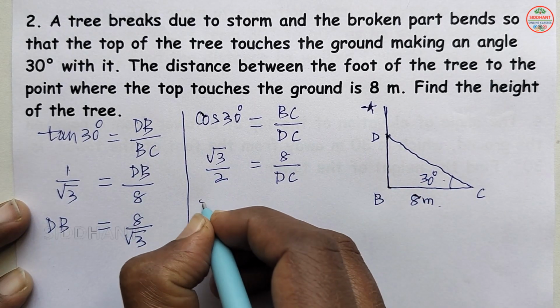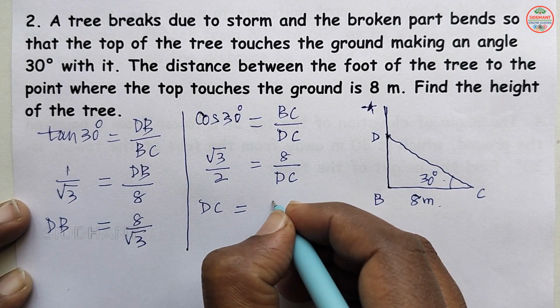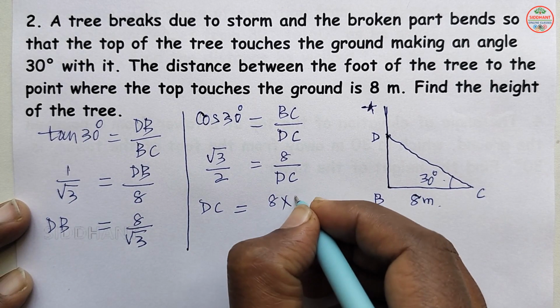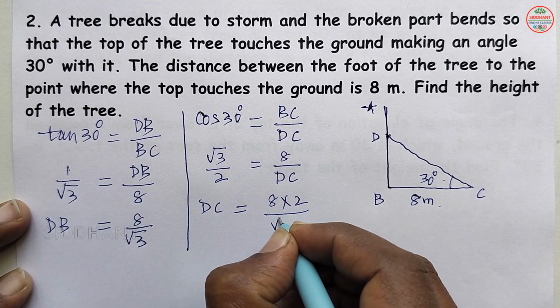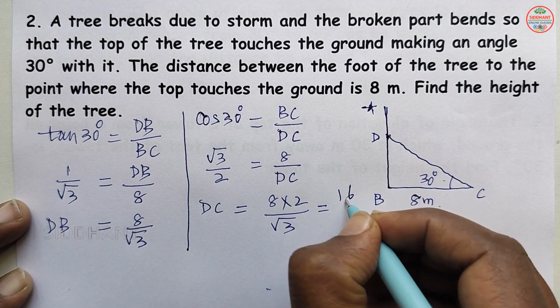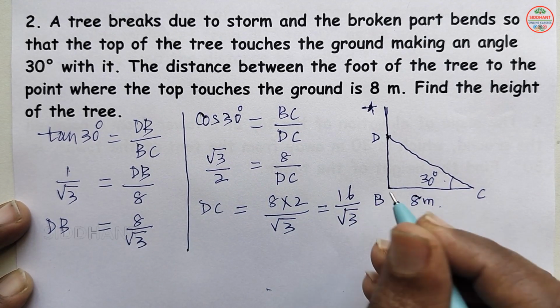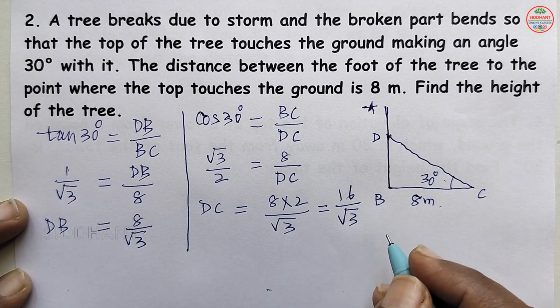So DC is equal to 8 into 2 by root 3. So that will be 16 by root 3. So this is DC.